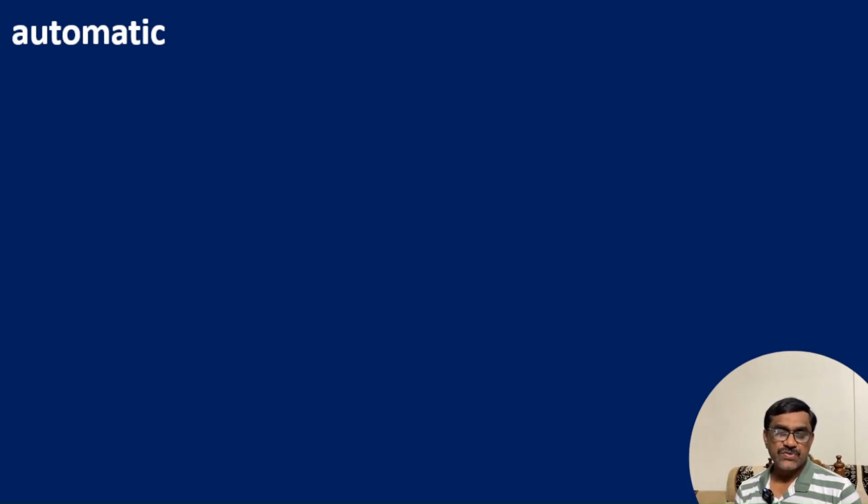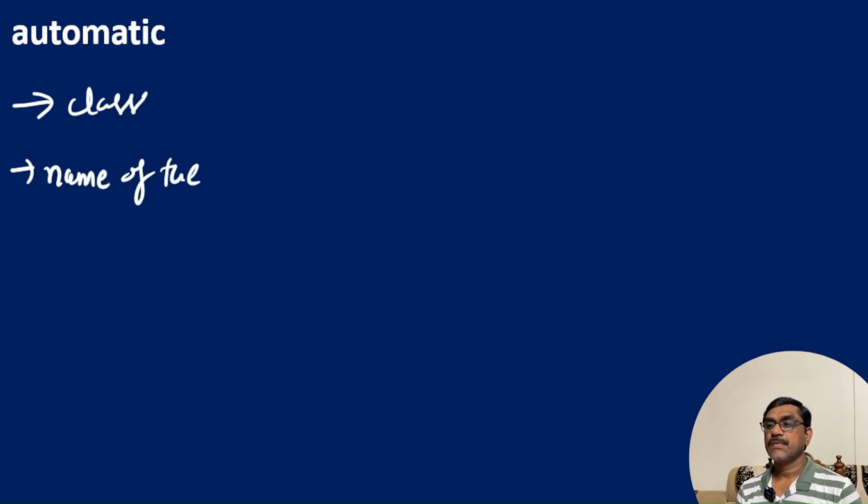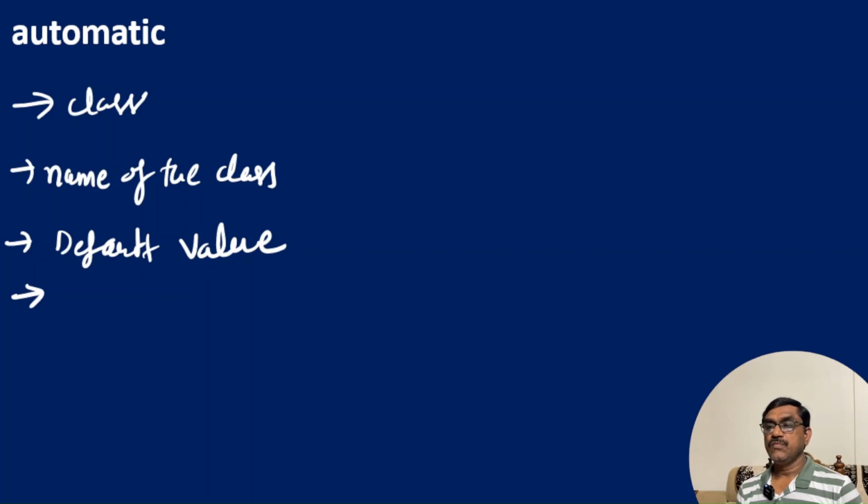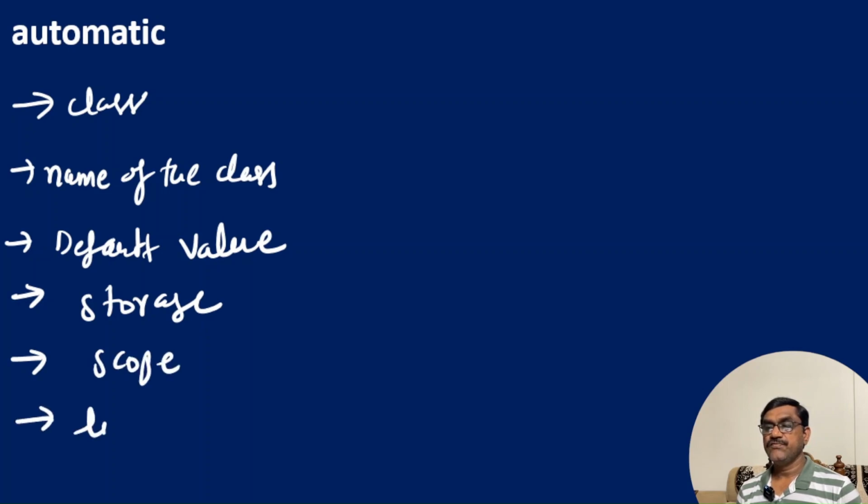For each and every storage class, we are going to talk about the first one, the class, the second one, the name of the class, the third one, the default value, next, what is the storage, next, the scope of the variable, and the last one is lifetime. So these are the basic things. Mainly, we are talking about default value, storage, scope, and lifetime.